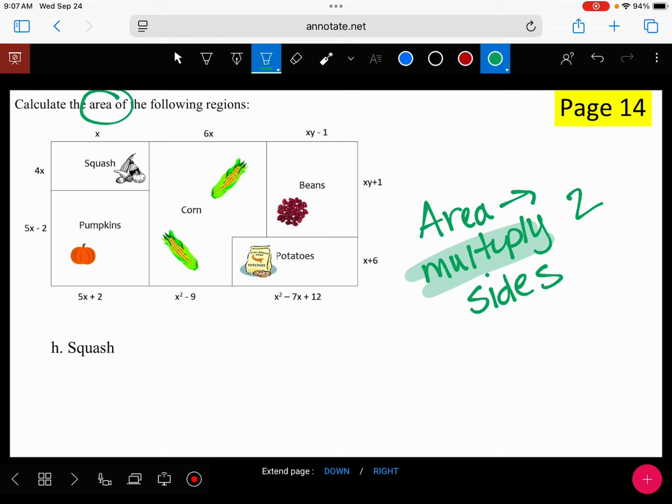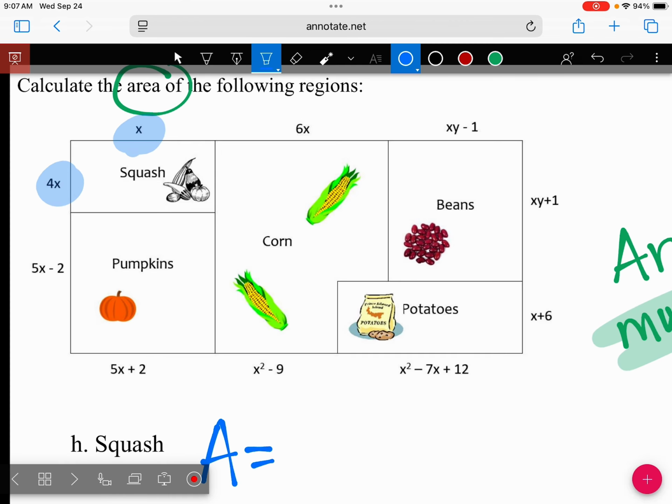So the first thing we need to do is find where the squash is. Anybody like squash? Nobody likes squash. I like squash. All right, so we're going to multiply these two numbers because that's the two numbers surrounding the squash.